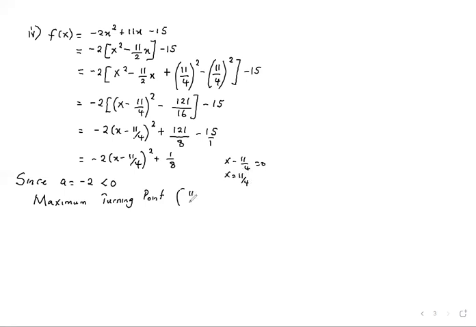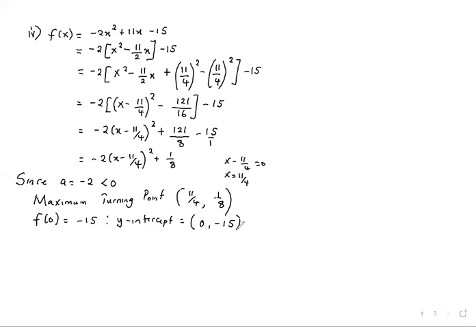So get 11/4, comma 1/8, the number standing alone there. And then f of 0 is -15. So the y-intercept is 0, -15.